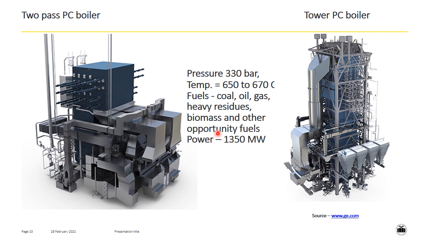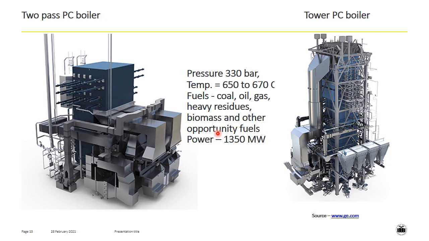These are two sketches from General Electric. These are two different boiler configurations. They have the specifications claimed by GE: pressure 330 bar, temperature 650 to 670 degrees centigrade, fuels coal, oil, gas, heavy residues, biomass, and other opportunity fuels.